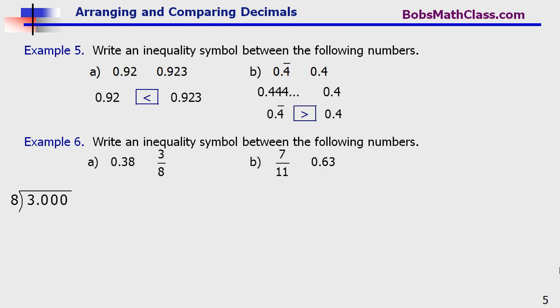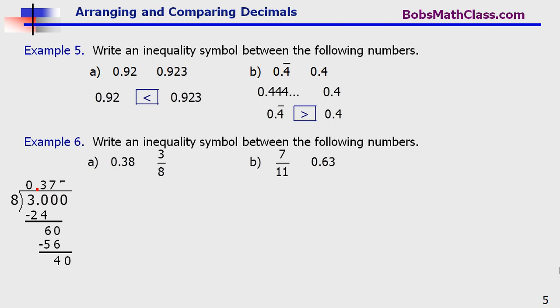Okay, 8 into 3. Bring your decimal point straight up. Remember, the decimal point is after the last number. So after a 3, we can put the decimal point. Bring the decimal point straight up. So 8 into 30 goes 3 times. 8 into 60 goes 7 times.